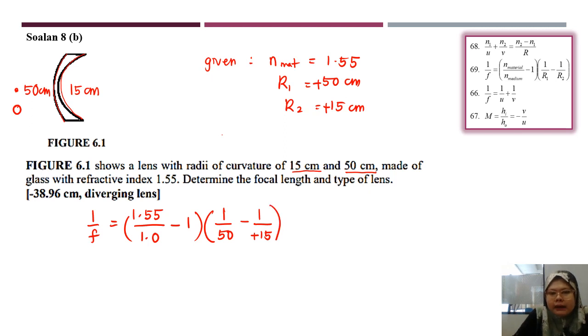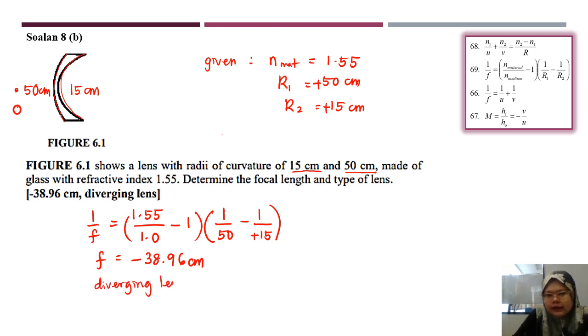Alright, so you akan dapat the focal length dekat sini sama dengan negative 38.96 cm. Okay, kenapa dapat negatif? Sebab dia adalah concave lens. So bila concave lens, dia punya focal length adalah negatif. So bila focal length negatif, dia punya type of the lens tu adalah diverging lens.